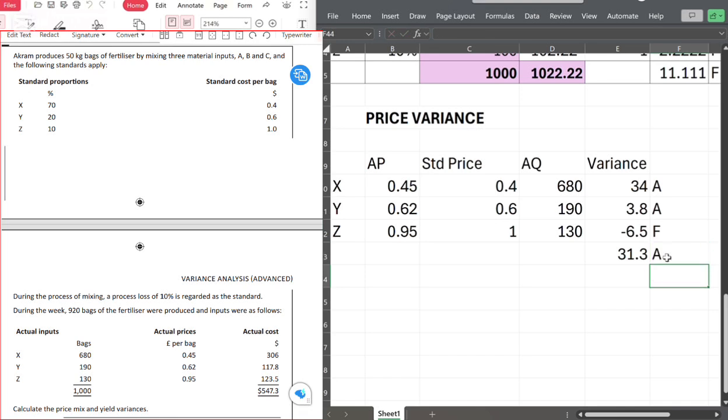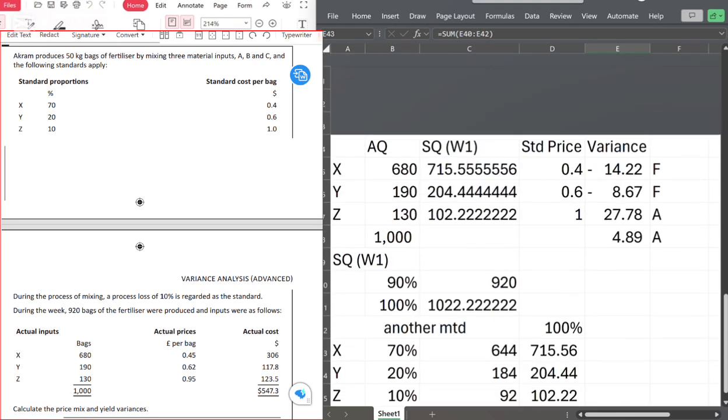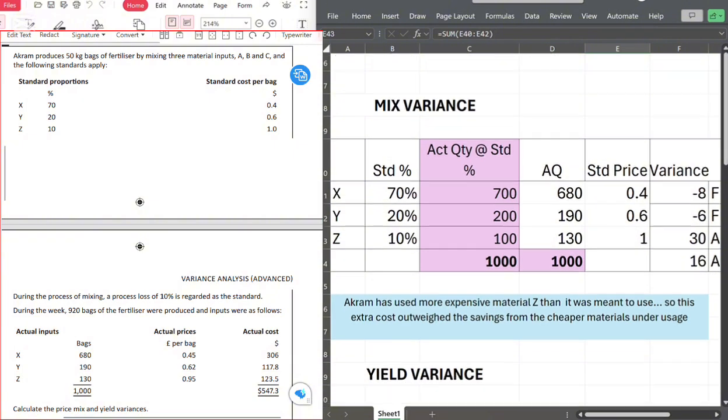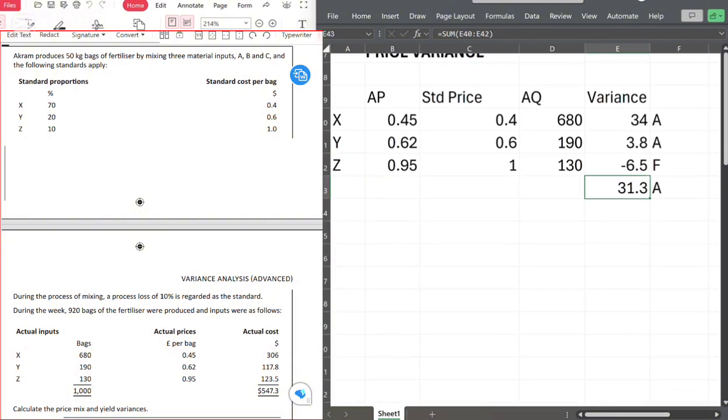And this is the problem. Overall price variance is adverse, overall usage variance is adverse. So total material variance is about 35, 36 adverse. We had this 4.9 with this, that's about 35. So that is adverse.